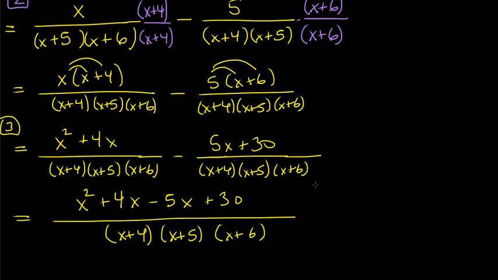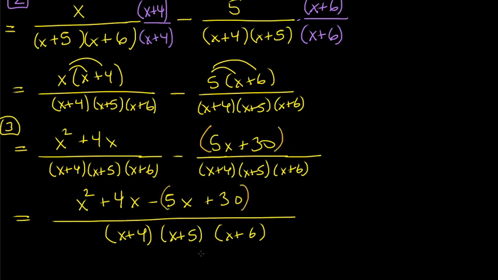And I hope you saw my mistake here. I made a mistake on purpose, but this is a common mistake, so be careful. This plus is wrong. It should be a minus. And this is the problem with multiplying this out first. It's a lot easier to make that mistake. You have to subtract the entire numerator.